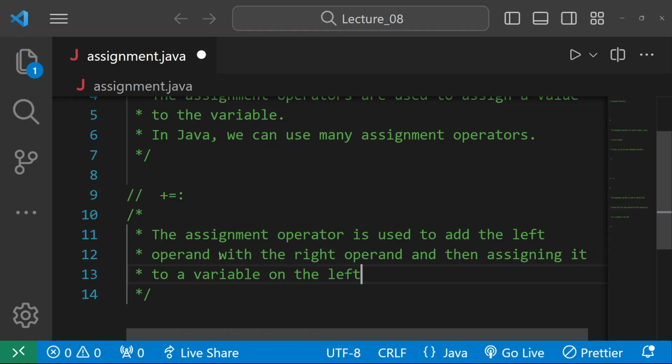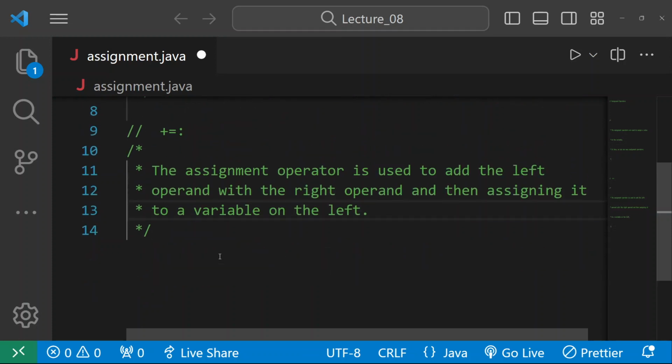I'm reading it again: the assignment operator is used to add the left operand with the right operand, and then assign it to a variable on the left.